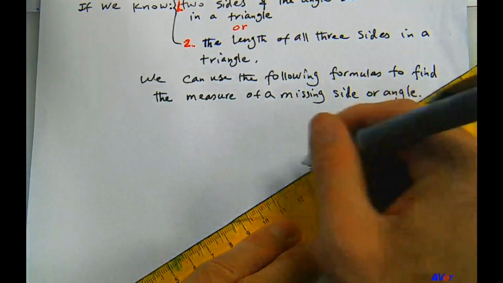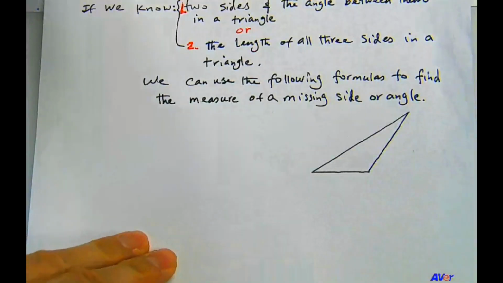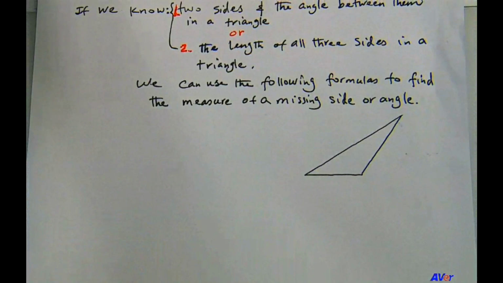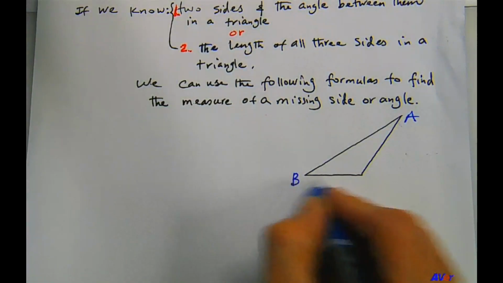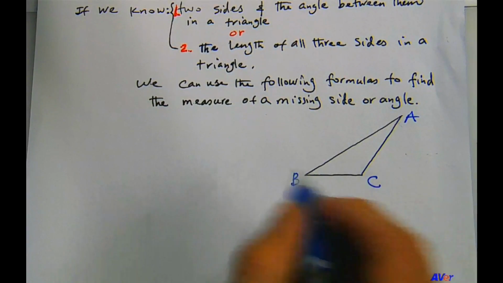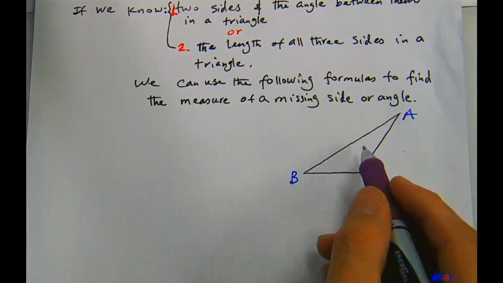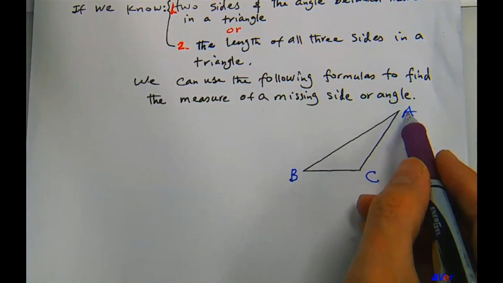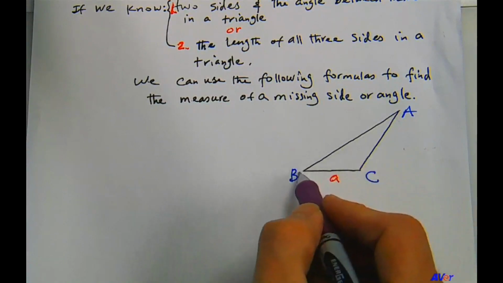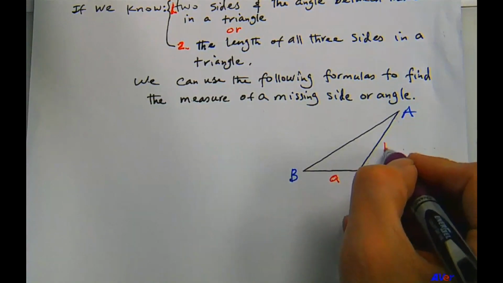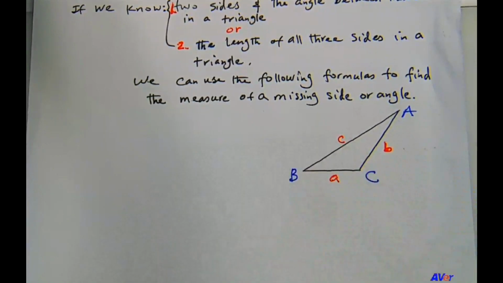And of course, let's label the side that is opposite this angle lowercase a, the side that is opposite this angle lowercase b, and this side c.